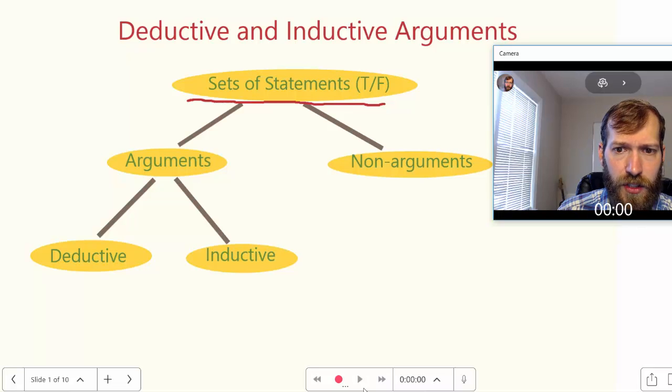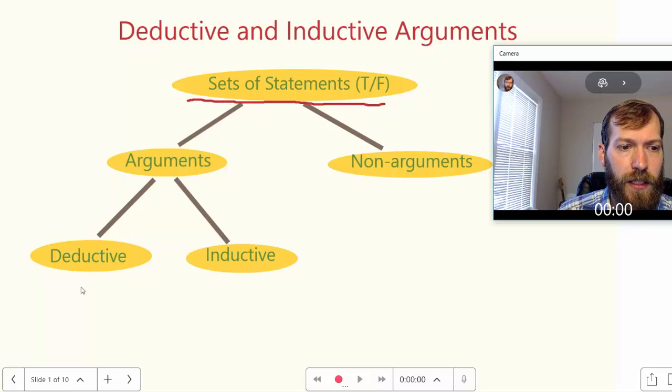And then we distinguished between arguments and non-arguments by considering various kinds of non-arguments, many of which were also sets of statements, but they didn't reflect an inference, importantly didn't reflect an inference.